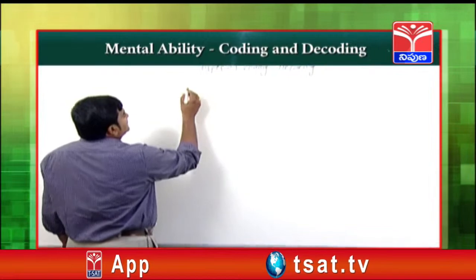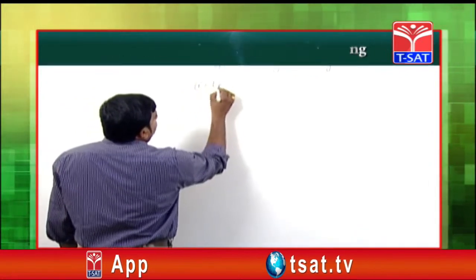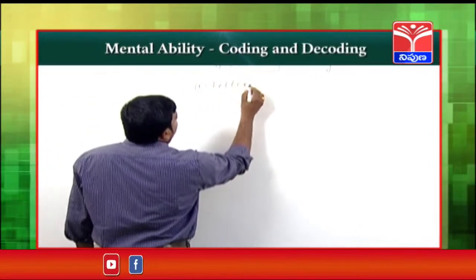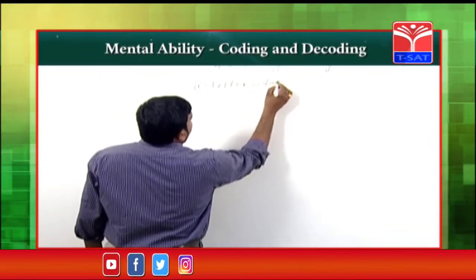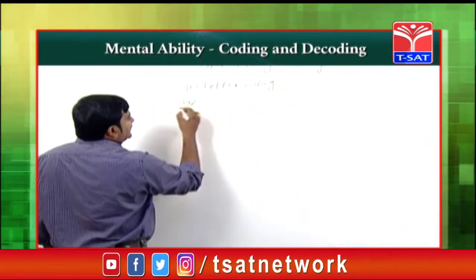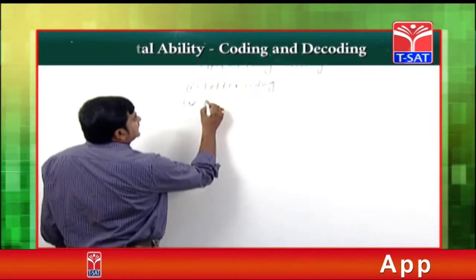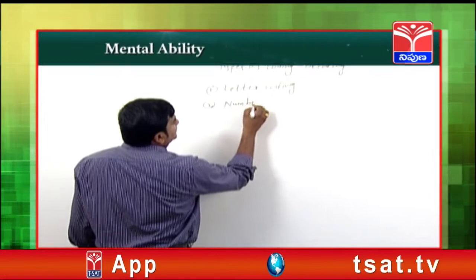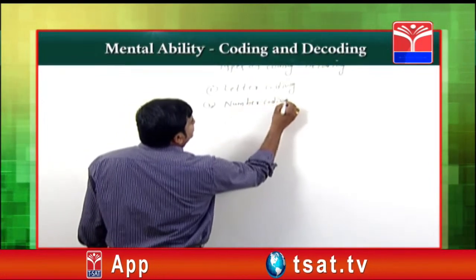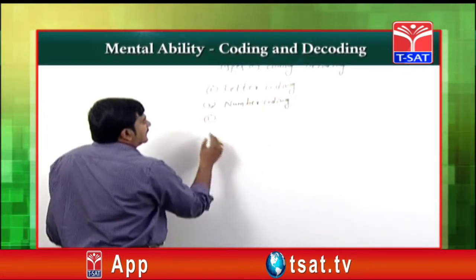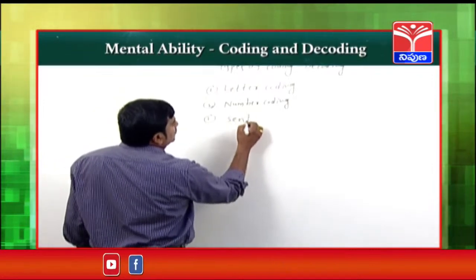Let's say the first type is letter coding. We'll discuss each and every coding by taking many examples. So the first one is letter coding, the second one is number coding, and the third one is sentence coding.